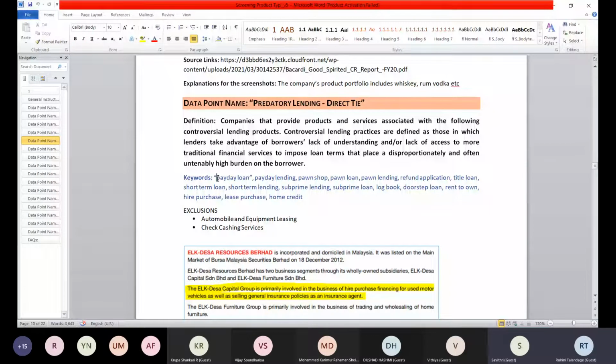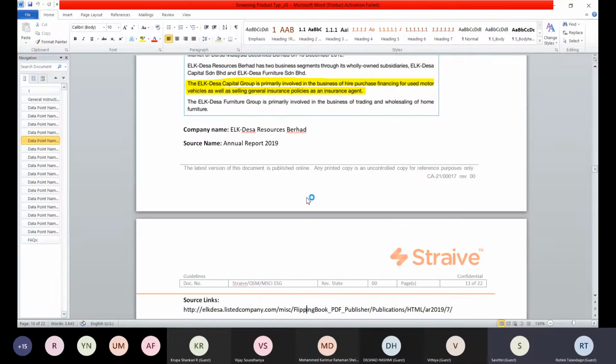Like this, you have to make the differentiation, and then mark it as yes or no. And if you are not getting any hit from any of the keywords, then you have to mark it as not reported.